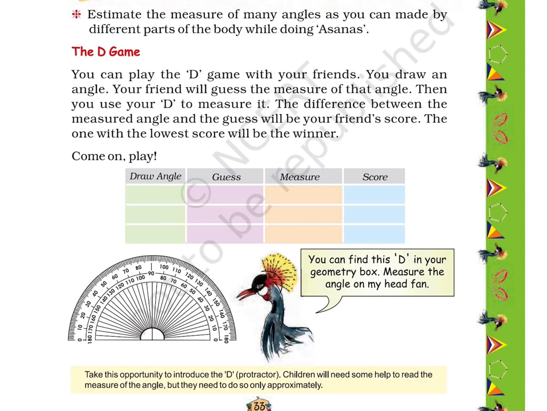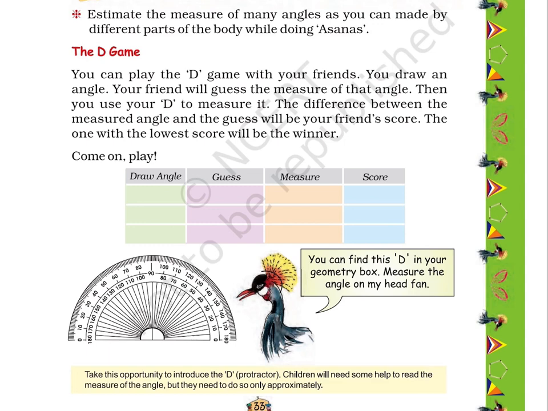The one with the lowest score will be the winner. Come on, play. We have a table made here with 4 different columns. They are titled Draw Angle, Guess, Measure and Score. 3 rows are there and the entire table has to be filled by you.